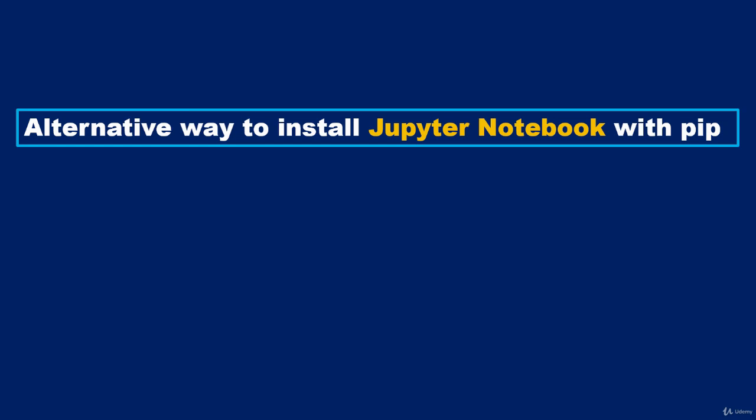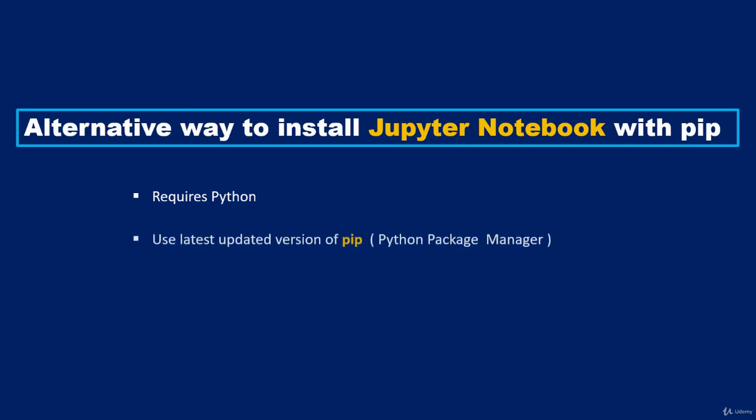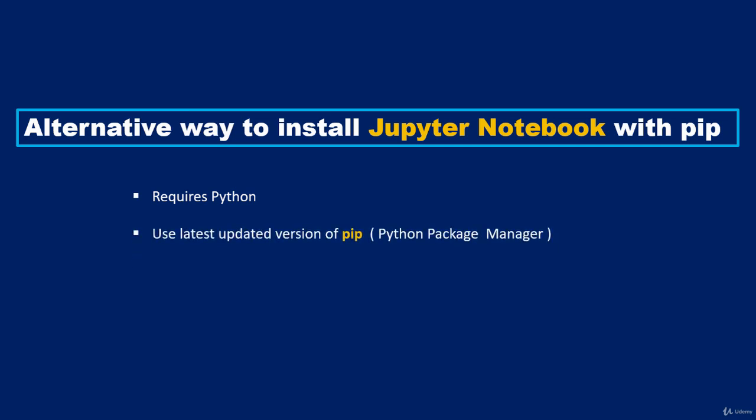Before you set up the Jupyter Notebook using pip, you must make sure you already have Python installed, and then make sure you have the most recent and updated version of the Python package manager, pip. If you've got a MacBook, Mac comes pre-installed with Python version 2.7.